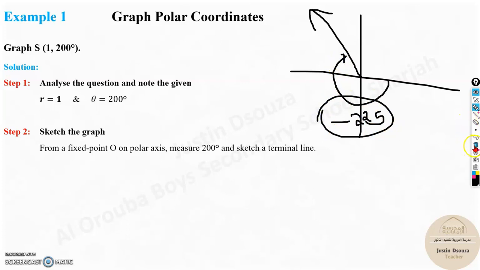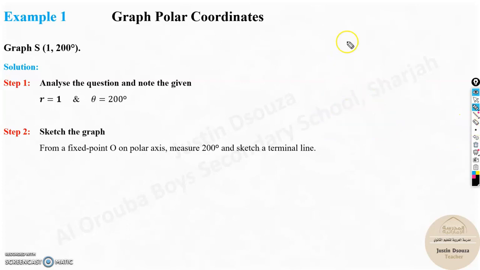I hope this is clear to you all. I'll do the last one, minus 135. This is minus 135. Because I'm sure you're very confident and thorough with the positive angles. If it's 45, 90, 135, it's very simple. But negative means the opposite direction.